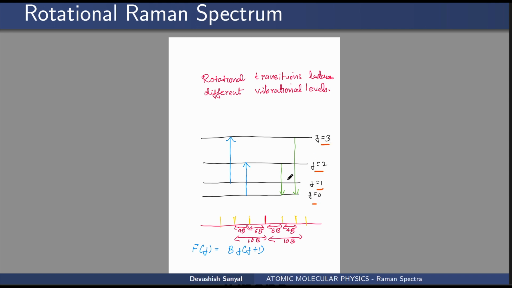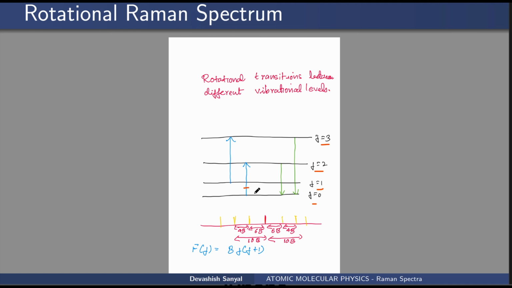What happens is, say in that same vibrational level, there is effectively a transition from, say, J is equal to 0.